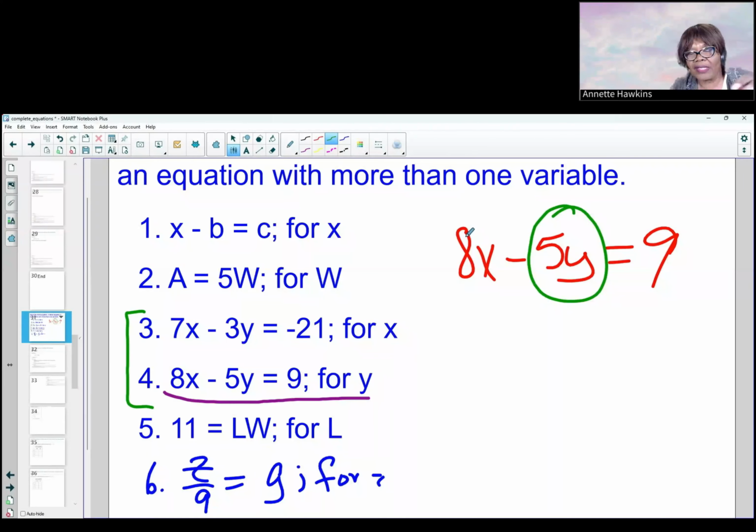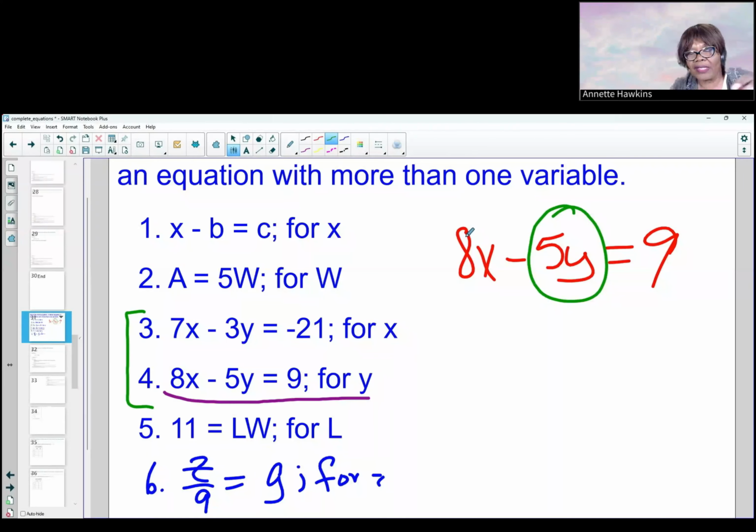So y equals, now negative divided by negative is a positive, 8/5 x minus 9/5. And we would leave this just like this. Okay, because in unit 7, we're going to graph this, and this is the form that we need to leave it in. Okay, so I just want to show this to you that it doesn't matter what we're solving for.